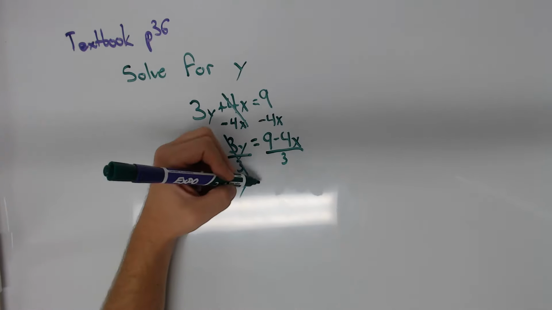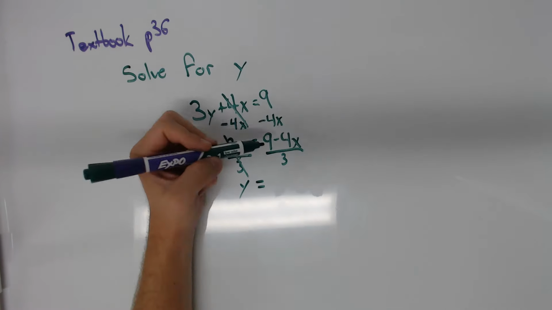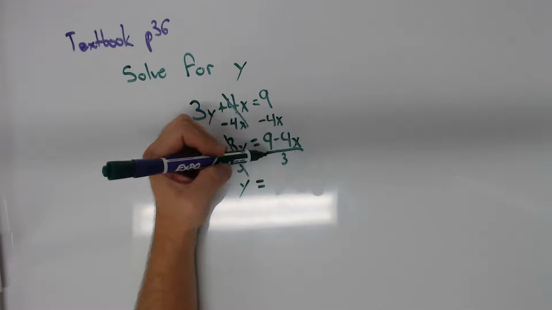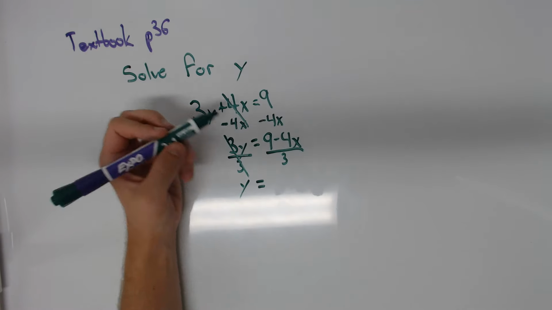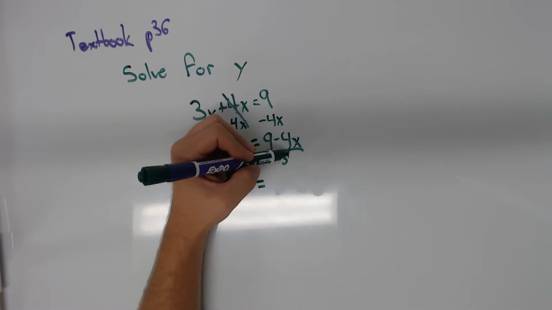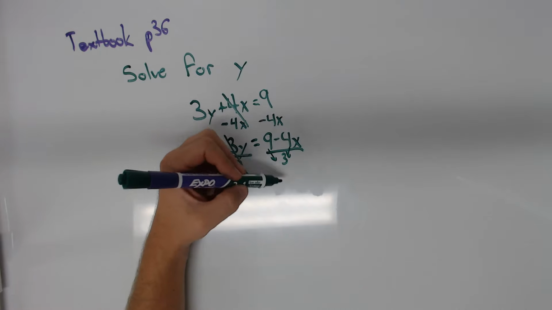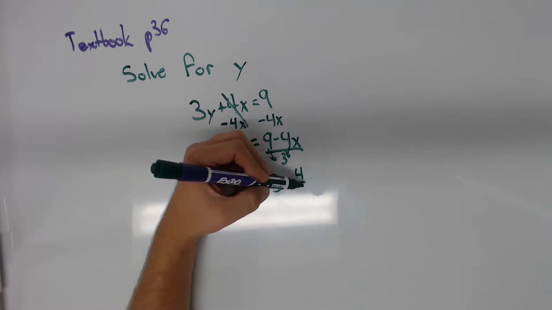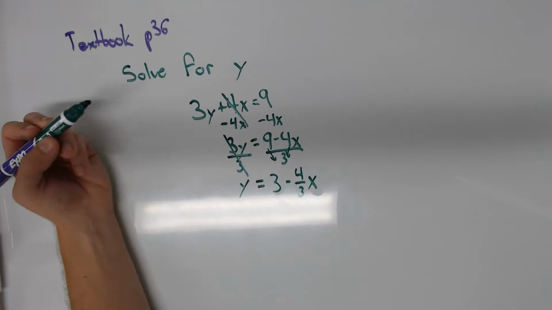And I know based on my own experience teaching that this messes with your heads a little bit. But remember, a fraction bar is like division. What this means is I'm dividing each of these things by 3. So 9 divided by 3 is just 3. 4 divided by 3 doesn't come out even, so we can leave that as a fraction.